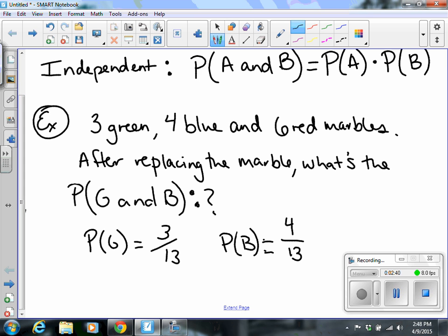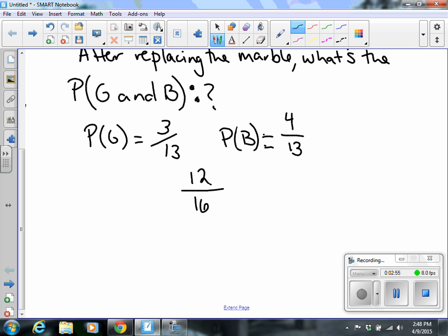So the total probability then is 3 over 13 times 4 over 13. That gives me a total of 12 over 169. And that's my probability. This is because it's an independent event. I'm replacing the marbles so that option is still available to me.